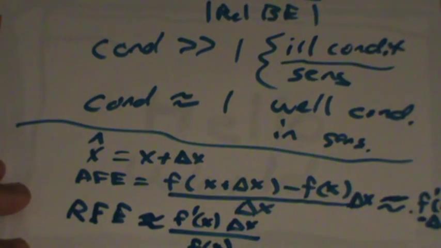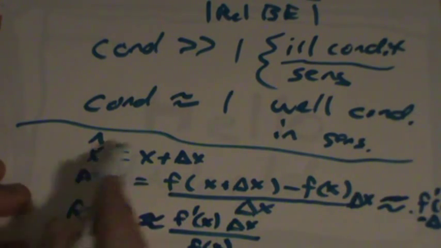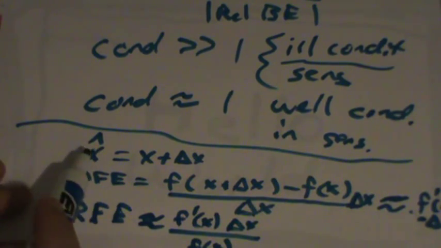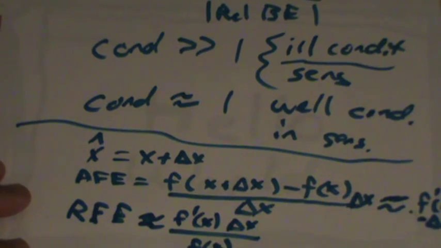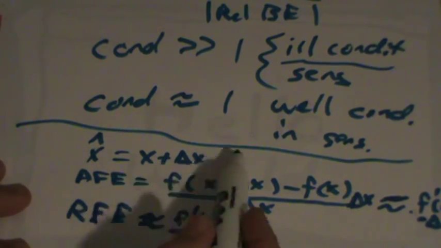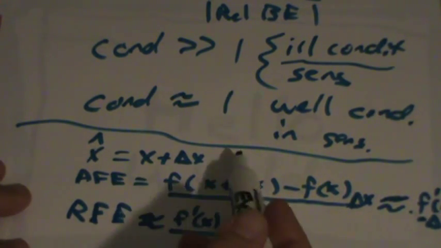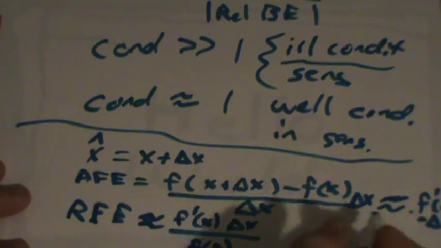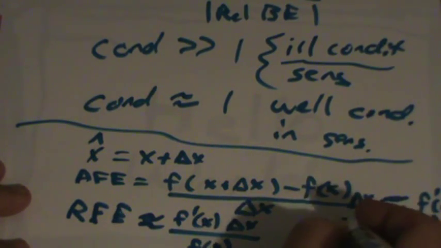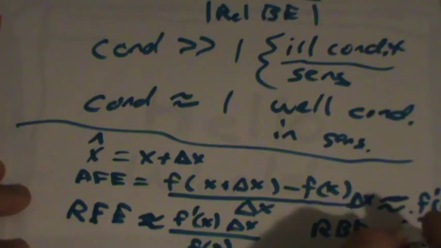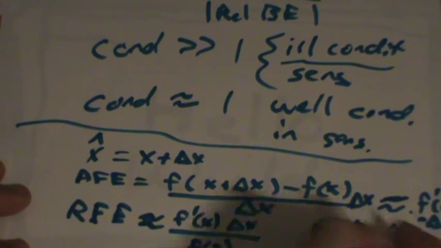That's a good approximation. Now, to get the condition number, since x hat was the one for my backward error, I take this minus x, which just leaves me delta x, and I divide by the true value, which is x. So my relative backward error is really easy to get to. I told you this is sometimes the case if you pick things right.